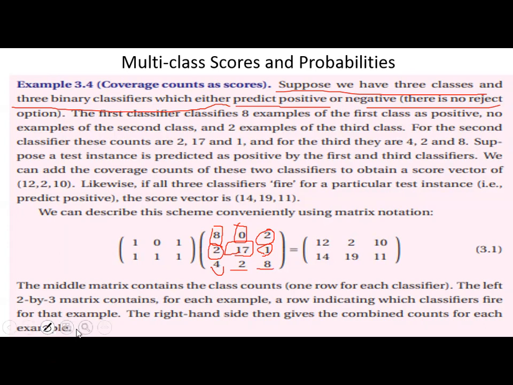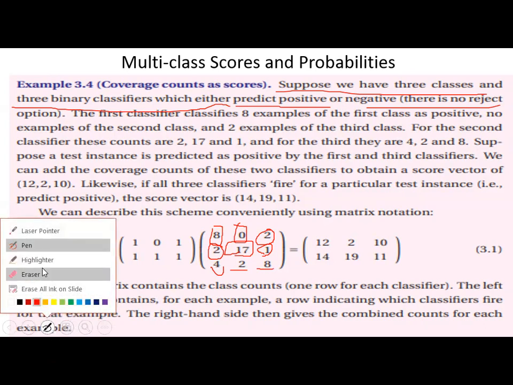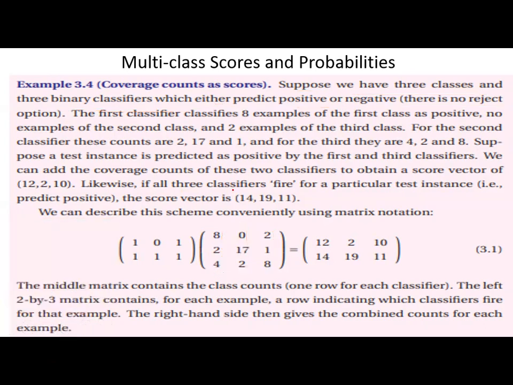Now suppose a test instance is predicted as positive by the first and third classifiers. We can add the coverage counts of these two classifiers to obtain a score vector of 12, 2, 10.